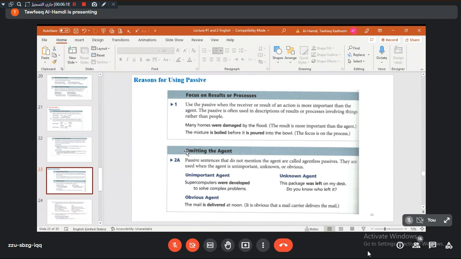Calcium is needed for strong bones. This is the agentless passive form. In the active form, I can say: people need calcium for strong bones. Reservations are required. This is the agentless passive sentence.